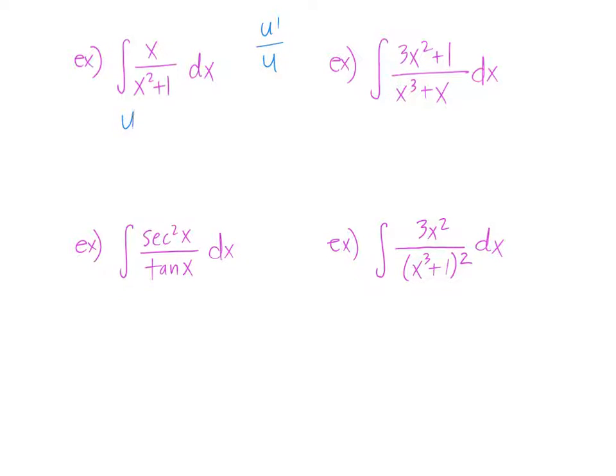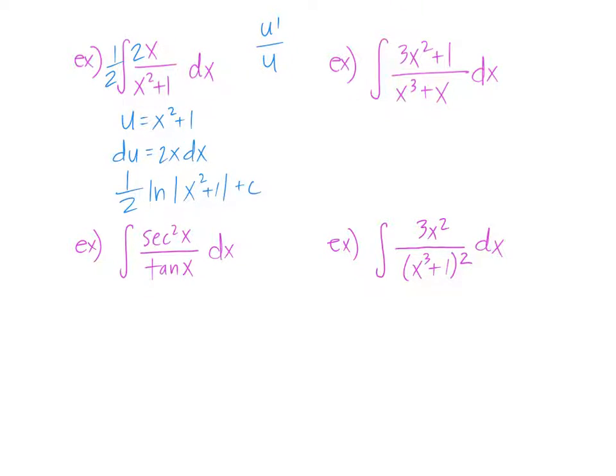So the denominator is going to be u. And if that's the case, du, or u prime, is 2x dx. Now I almost have that on top. I need a 2 there and a 1/2 to counteract that 2. And my answer is simply 1/2 times the natural log of x squared plus 1.